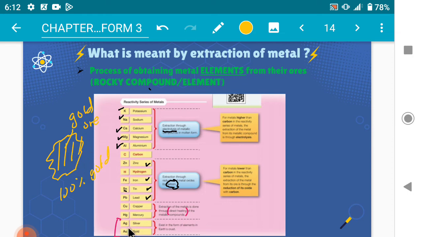Because gold and silver are located very far down the reactivity series, which means that silver and gold are very less reactive with other elements, which makes them special because they exist in the form of element or atom themselves. Okay, 100% element without any extraction of the metals, right? So I hope you understand.